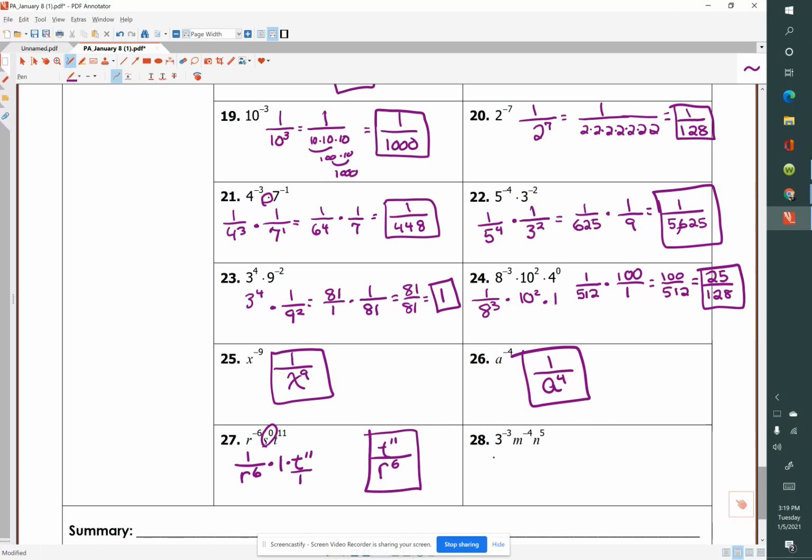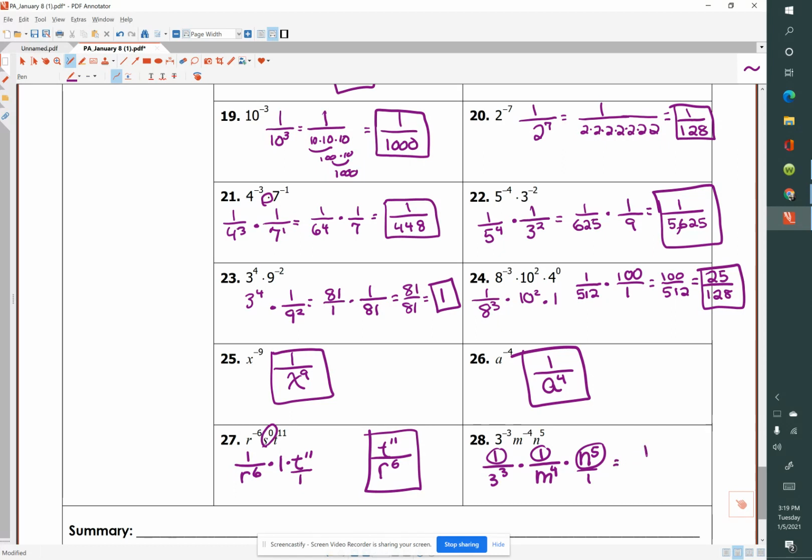And then finally, 3 to the negative third is 1 over 3 to the third times 1 over m to the fourth times n to the fifth. And when we multiply across, we would have in the numerator 1 times n to the fifth, because we can think of that as a denominator of 1.